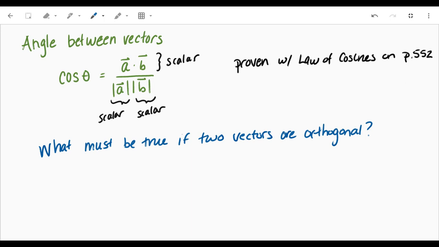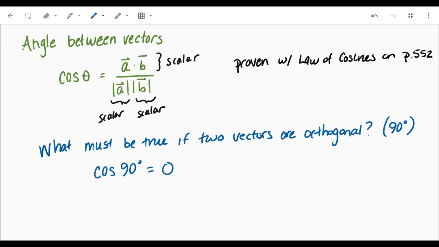Okay, so if we look at that formula, think about this. I'm going to put 90 degrees here. The cosine of 90 degrees is, I'll give you a wait time there. Think about that for a second. What is the cosine of 90 degrees? Think about your unit circle. If I'm at 90 degrees, my x-coordinate is 0. So the cosine of 90 degrees is 0.